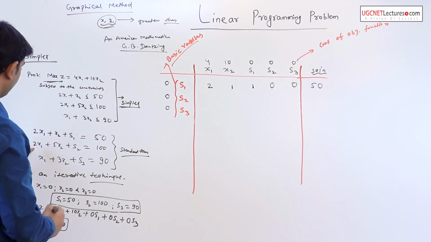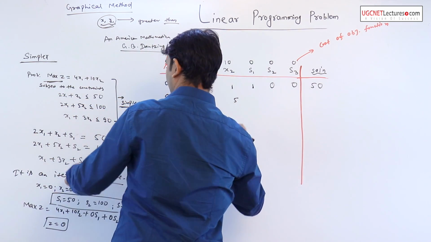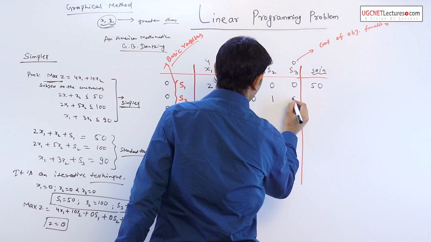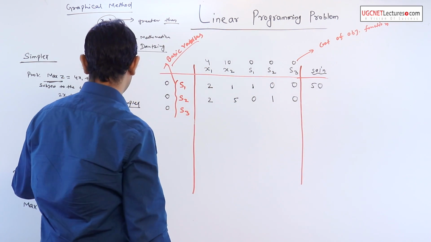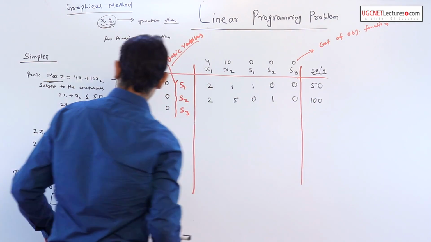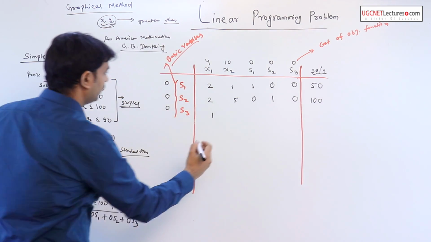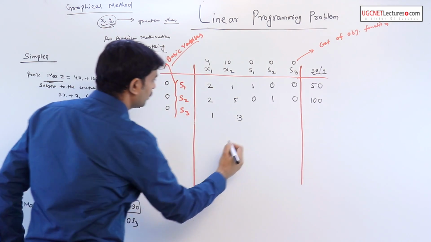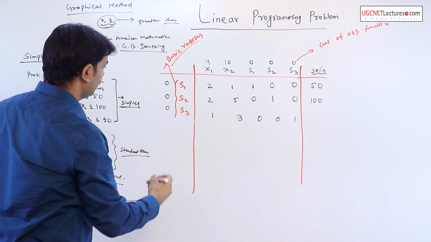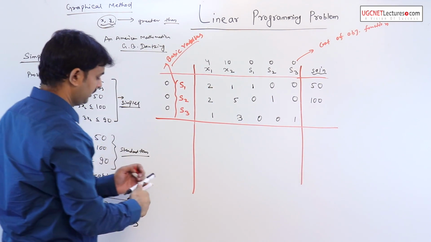The second, similarly, 2, 5, and there is no s1 so it is 0, s2 coefficient 1, and 0 for s3, and the right hand side 100. The third one, coefficient of x1 is 1, 3, 0, 0, 1, and the right hand side is 90.